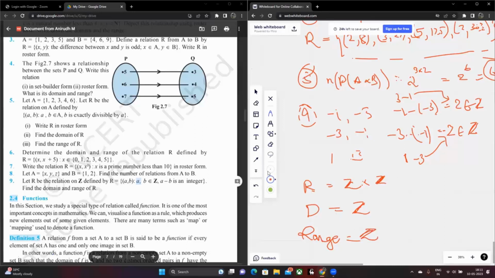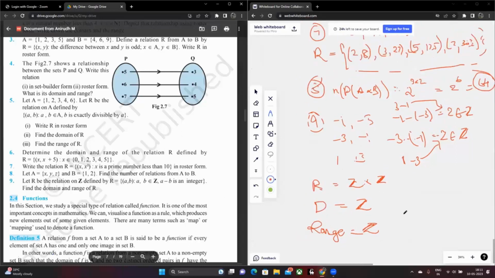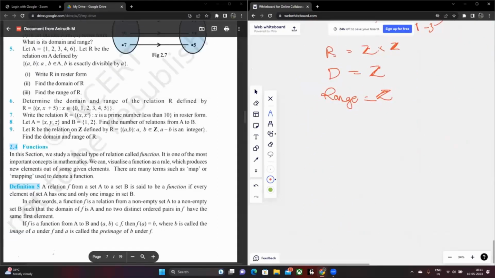Because every integer can be mapped to every other integer in this relation, since integers are closed under subtraction, right? That takes care of exercise number 2.2.